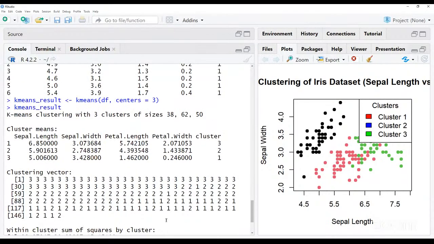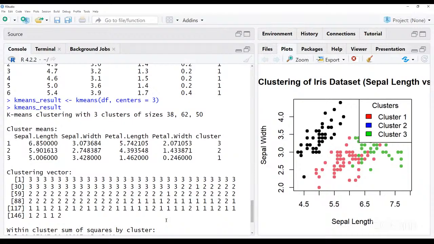Okay. So this is the k-means result. So what we have noted is three clusters. So how many data are there in total? 46, 47, 48, 49, 50. So 150 data are there.